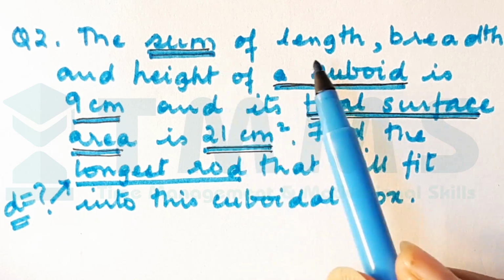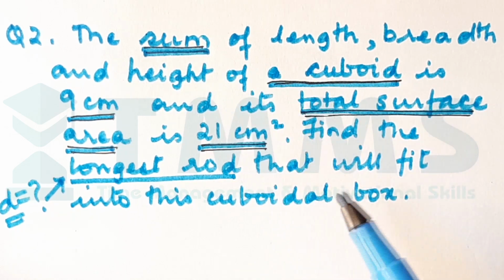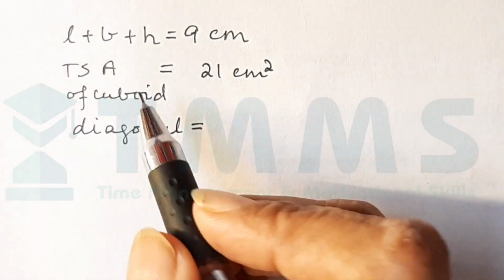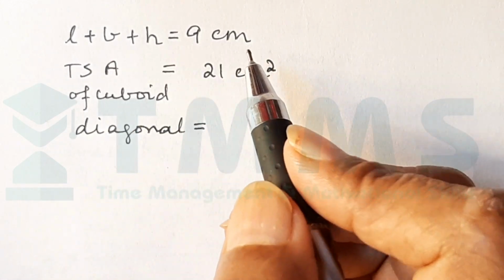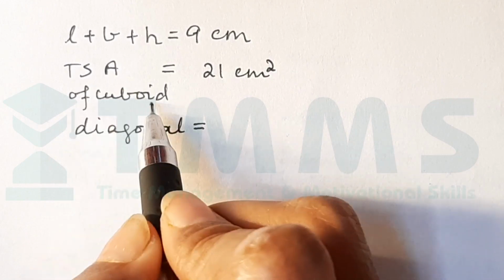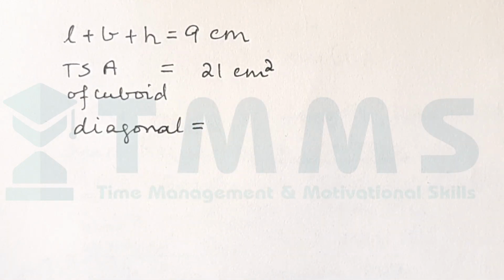So what we do is, first of all, we write all the data and we think of the formula that will link the data that is given over here. So tip number 1 is to know the formula. Shall we do that? Now I've written the data. The sum of length, breadth and height is 9 centimeter and the total surface area of the cuboid is 21 centimeter square.